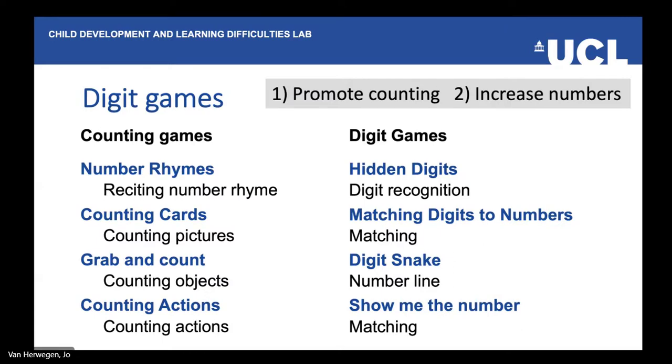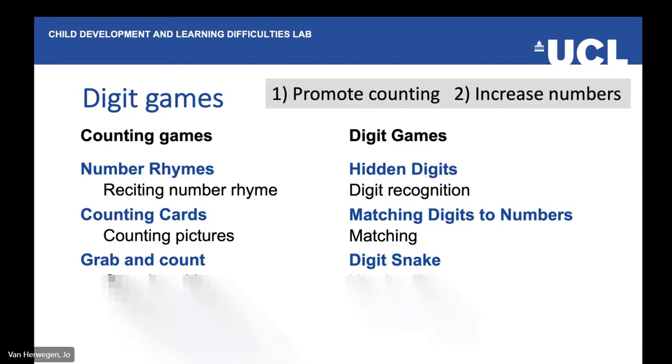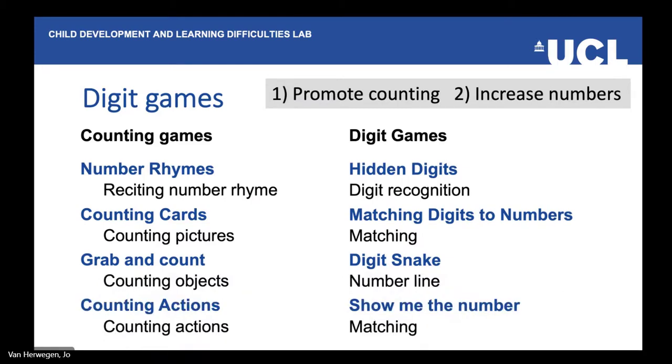Again, we started very easy with just a few numbers and then increased it over time. For example, we know that young children can often count to 3 or can recognize at least their own age in terms of the digit, and then increase it to maybe go up to 5, go up to 10, 15 and 20 and so on.